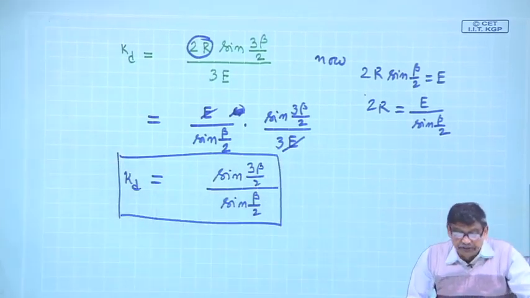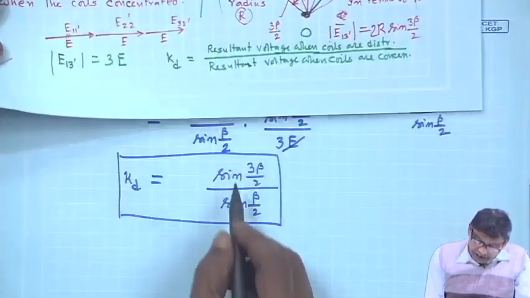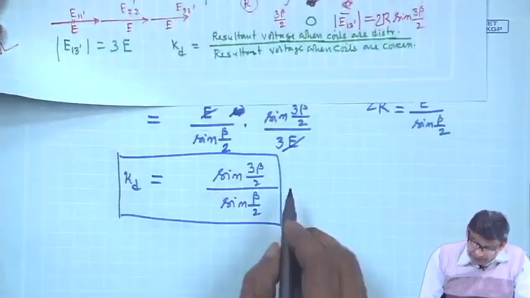So, if you have 3 distributed coils, the ratio of these voltages will be a number less than 1.